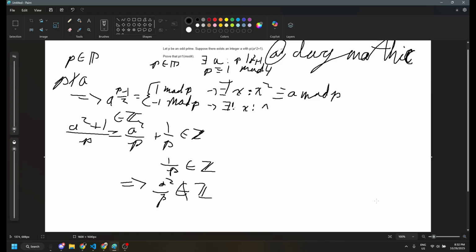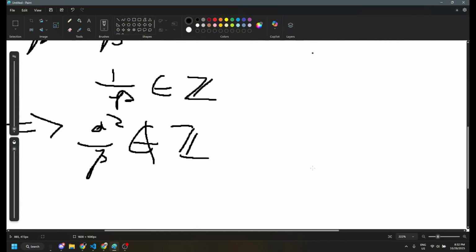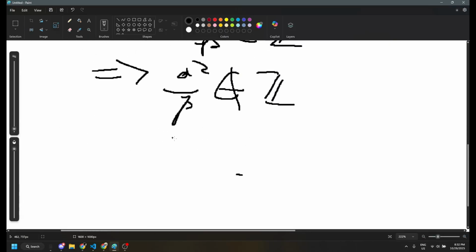And since A over P times A over P is equal to A squared, we're seeing that that is not an integer.